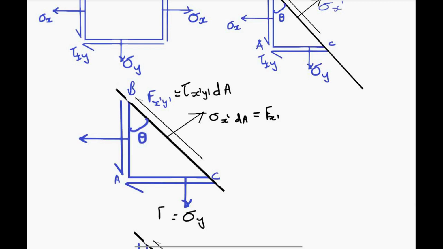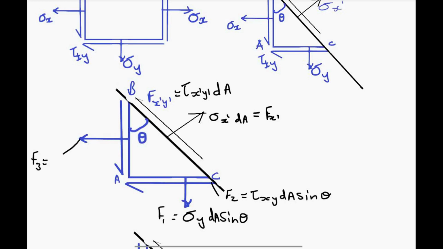Now let me name these F1, F2, F3, and so on. So F1 will be sigma y dA sin theta. Now the plane AC is at an angle theta, so its area component is dA sin theta. Tau xy will also be dA sin theta, and let me take this as F2.